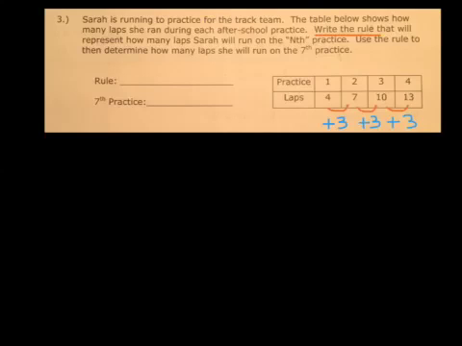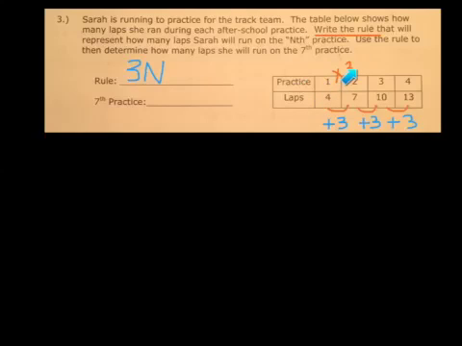Okay, the first part of the rule is 3. After you find out how much it's changing, you always put the letter n beside it. This quantity that we're changing by, that's the number you're going to multiply with every single time, no matter what. So if I look at my question, if I practice the first day and my equation just says multiply by 3, and I look up here, is 1 times 3 equal my answer of 4?